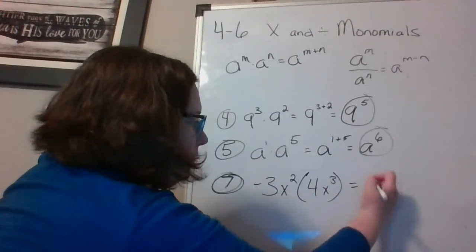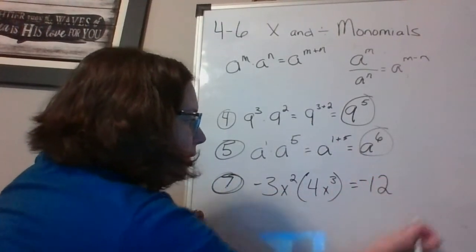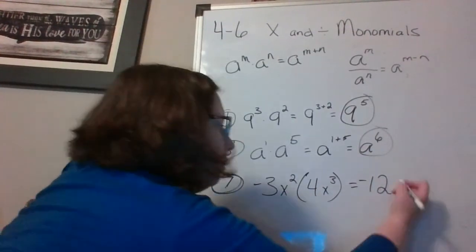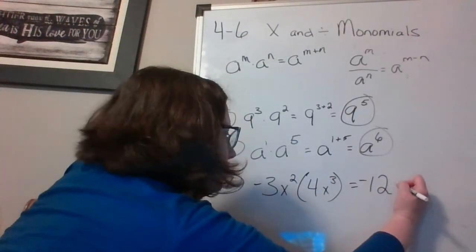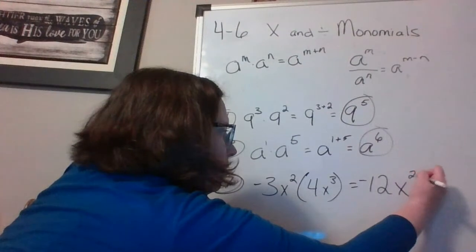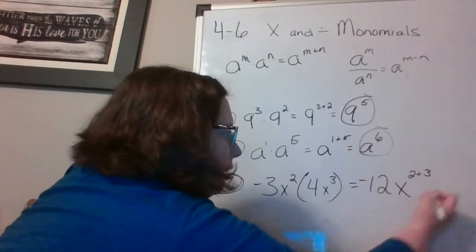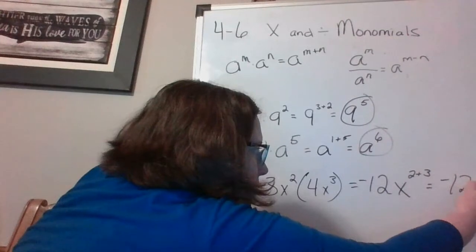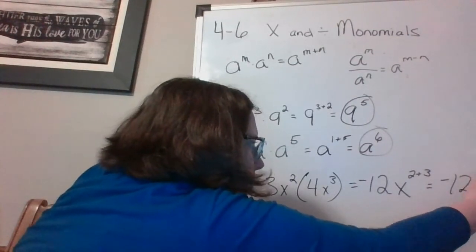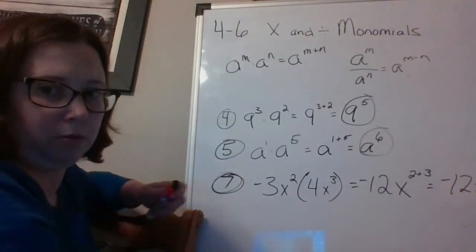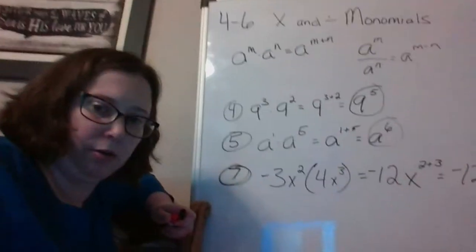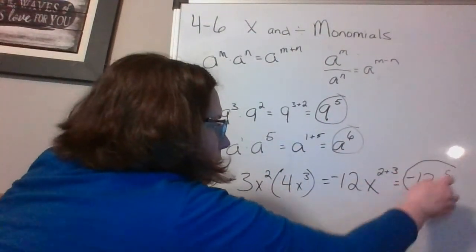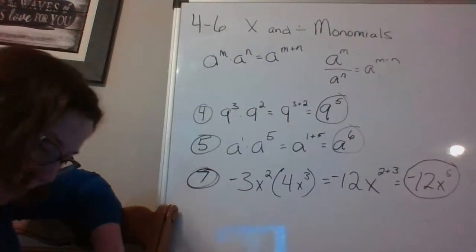So -3 times 4 would be -12. And then I have the same base on my variables with exponents, so I can add them. And this would be -12 times x to the 5th power. Oh, and that ran out of your screen. There we go. -12 x to the 5th power.